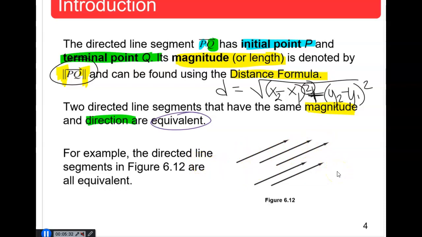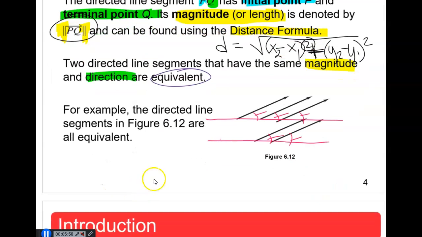For example, if I was to draw a horizontal line here, and we were to calculate the angles that each vector makes with that horizontal line, it will be the exact same angle. If I draw a parallel horizontal line to it, like that, we could see all the angles that you see here will be the same. But we will get to direction angle in a minute.